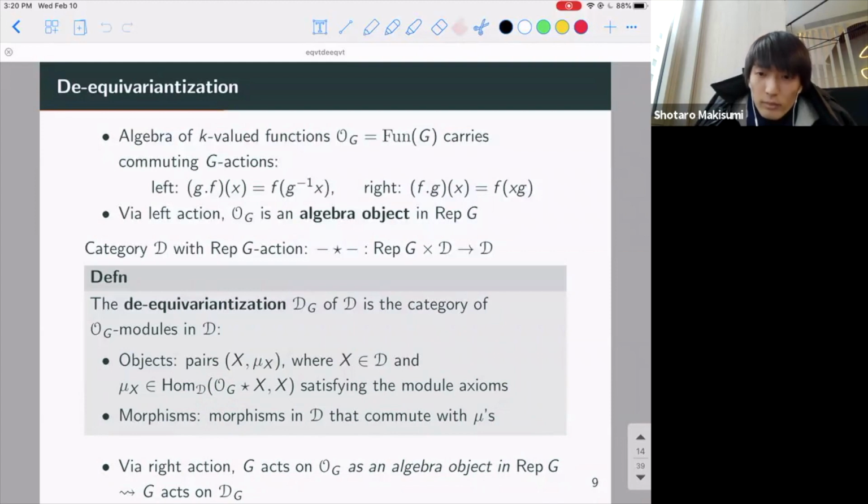So should I think about it like this? So if I have a set X with a G action, I can multiply X by G and then take the quotient. And I recover my set X back, and I can also recover the G action. Yes. Mm-hmm.